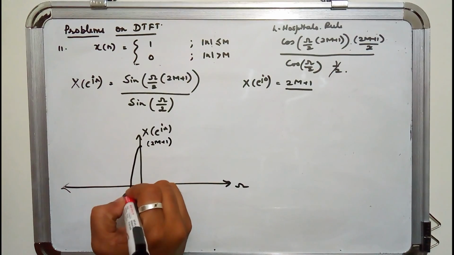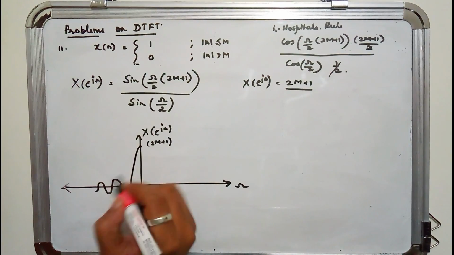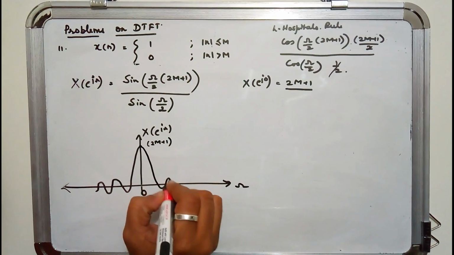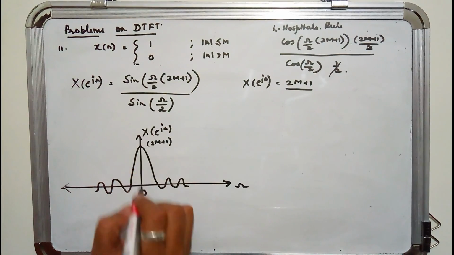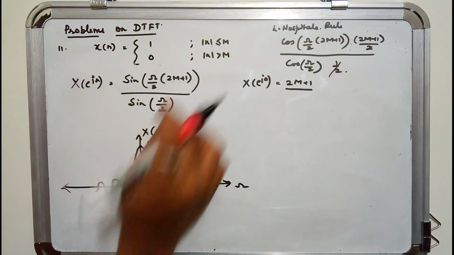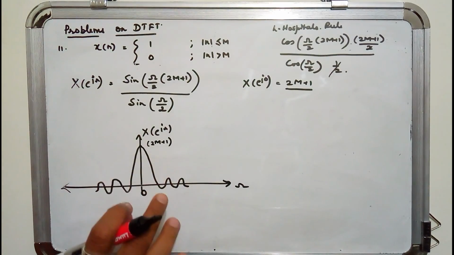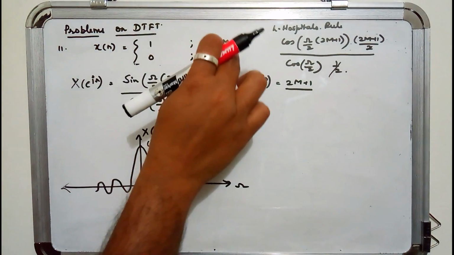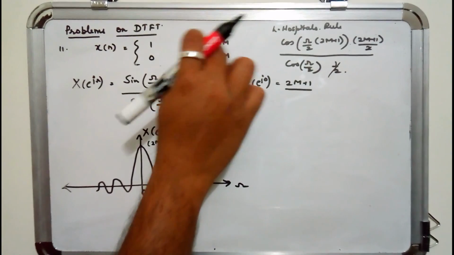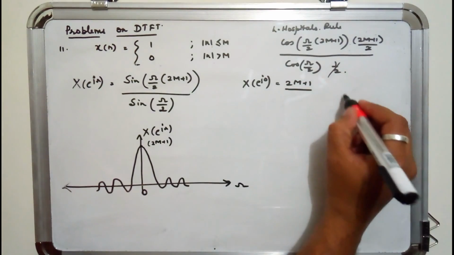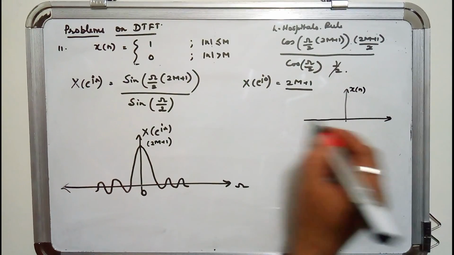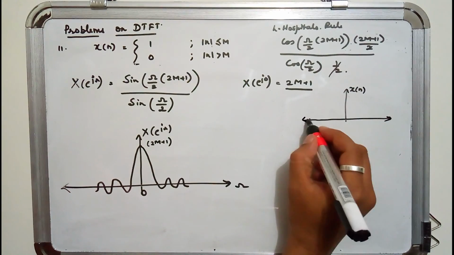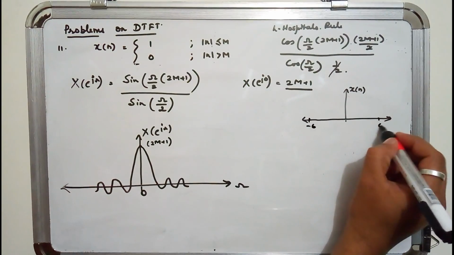Now you know that it will be a sinc pulse. So the amplitude at omega equal to 0 is 2M plus 1. This is a generic question. In specific, if M is specified as 6, say for example, that means x of n extends from minus 6 to plus 6.